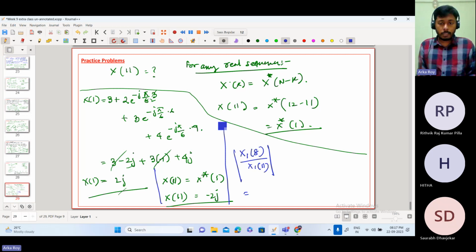So this question you can just take it as 12, and if you take the mod of x of 11, mod of minus 2j, so mod of minus 2j is what? 2 only. So this is 2, and even if I just remove this mod sign, it will give me 6 only.